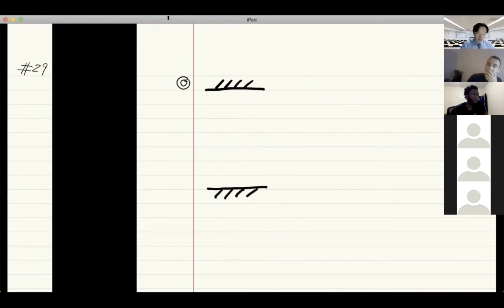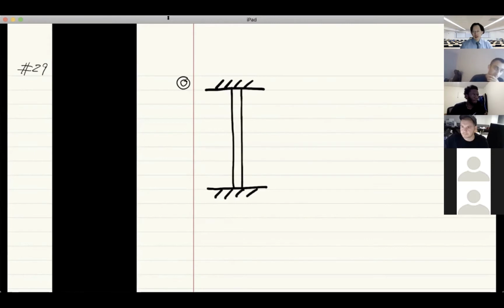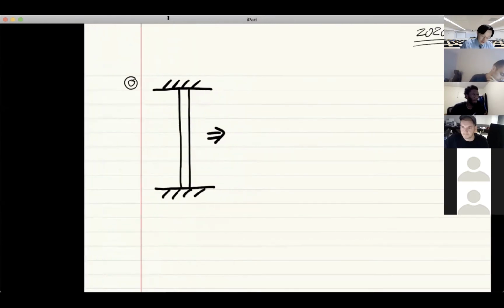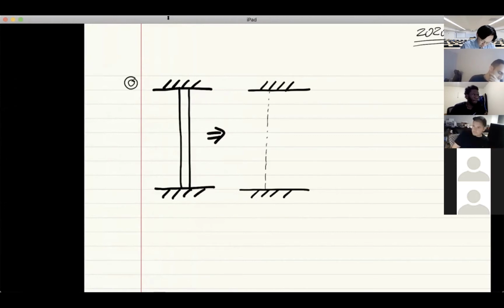When we consider this fixed-ended, both fixed-ended column buckling problem, after buckling, we know that the geometry is going to change to be something like this.